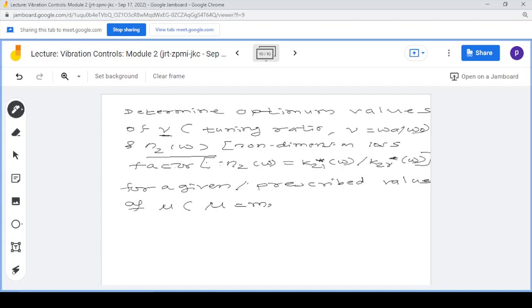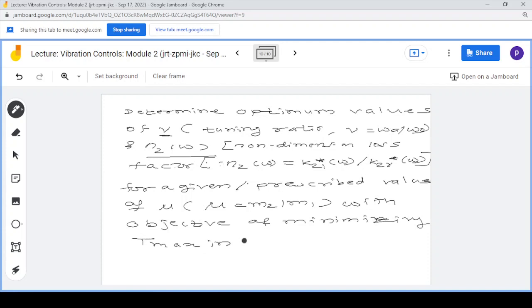Mu is equal to m2 by m1, with the objective of minimizing Tmax in the entire range of omega. What do you mean by this Tmax? Tmax is the transmissibility, right? So we want to minimize the transmissibility in the entire range of omega.